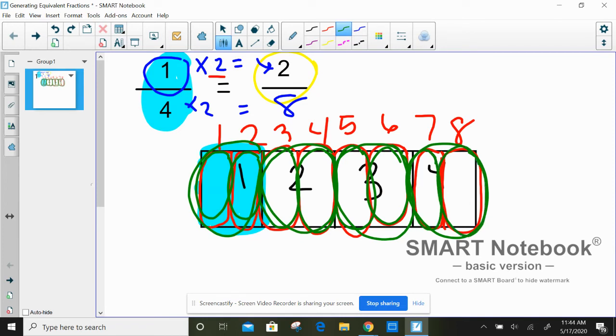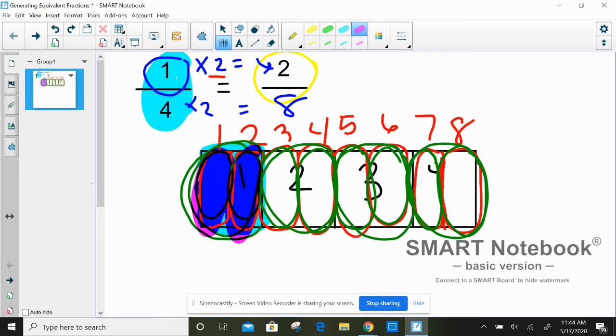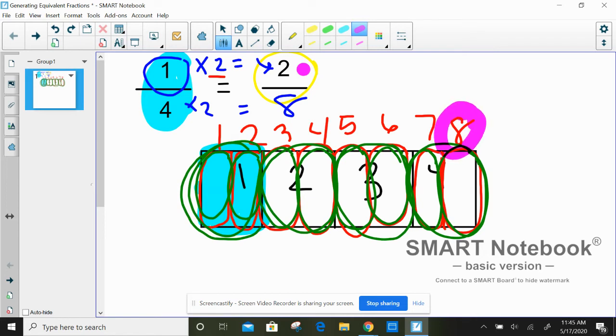And before I had this one whole group here, blue, but now look, my new groups, I have 1, 2 groups shaded. So those 2 groups that are shaded right here is this 2 here, and the total 8 groups we have now here is down here.